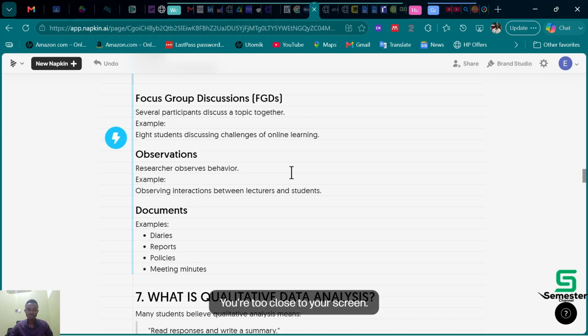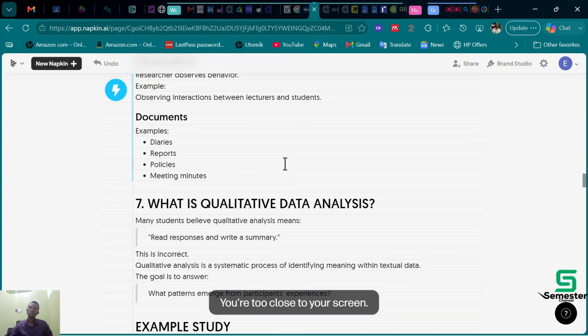Primates, if you want to use that. Okay, and then you can also use documents. You can gain qualitative data from diaries, from reports, from policy documents, from meeting minutes, what have you. You can gain qualitative data from all of these documents.